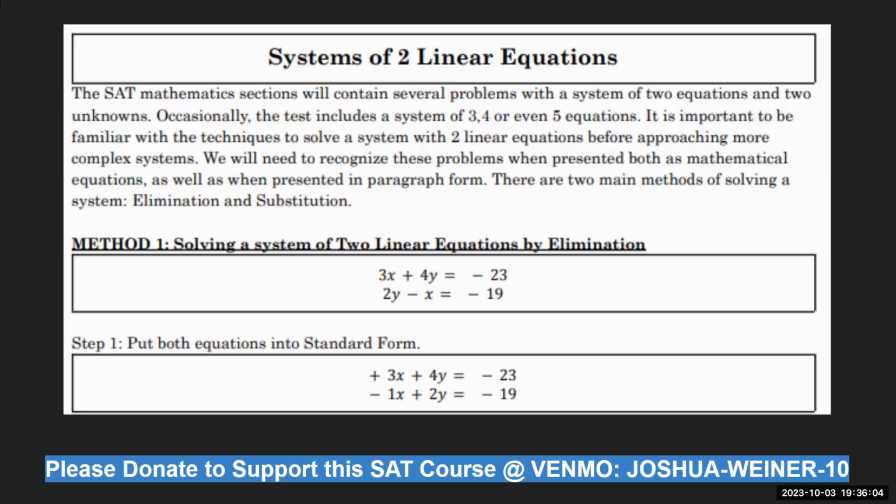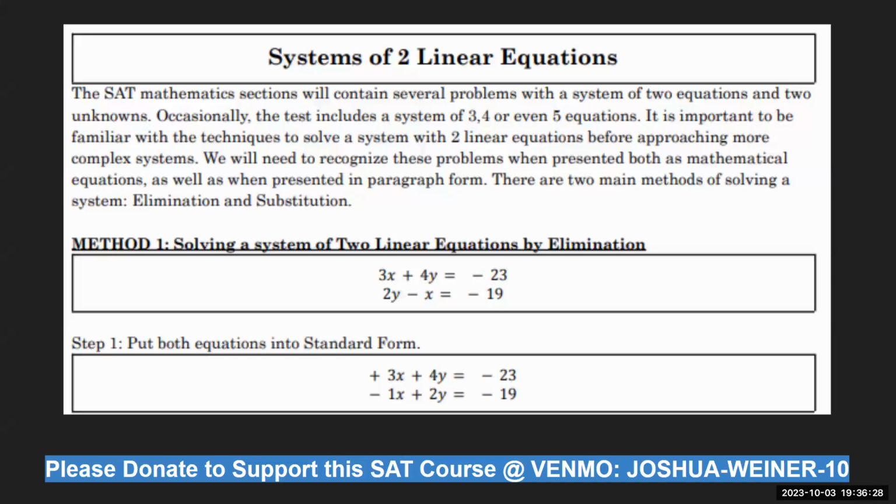The SAT math section will always contain several problems, up to 10 problems of the 58, which have a system of 2 equations and 2 unknowns. Occasionally, the test includes a system of even 3, 4, or 5 equations. But it is important to be familiar with the techniques to solve a system of 2 linear equations before approaching any more complex systems.